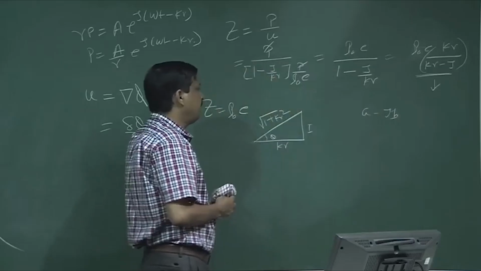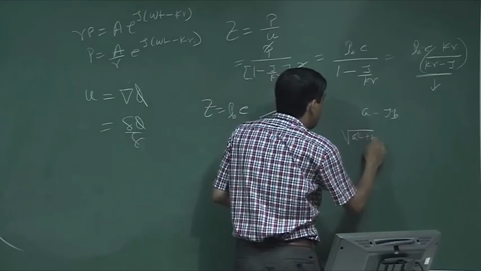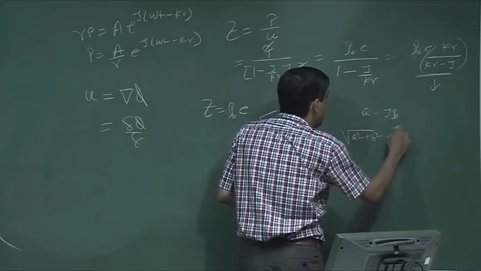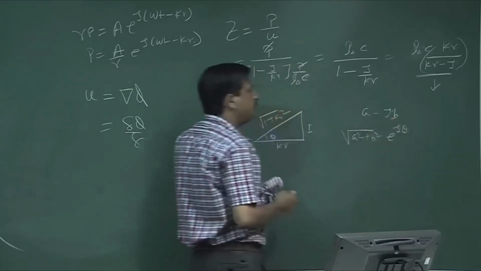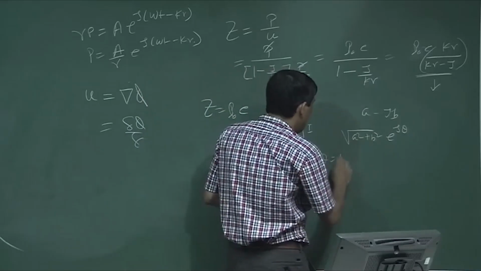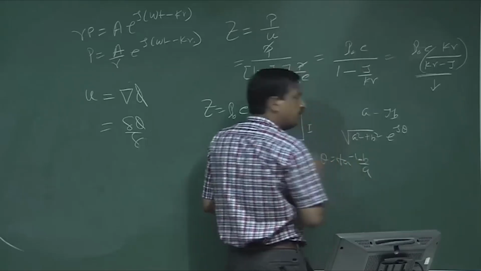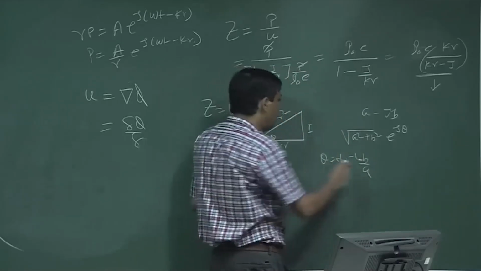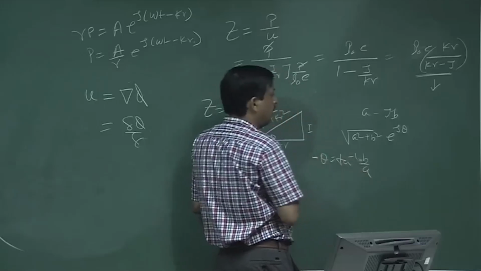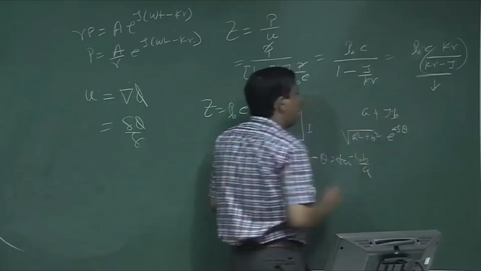The amplitude is root over A square plus B square, and e to the power j theta, where theta will be tan inverse B by A. This will be minus, so I write minus theta instead of plus theta.